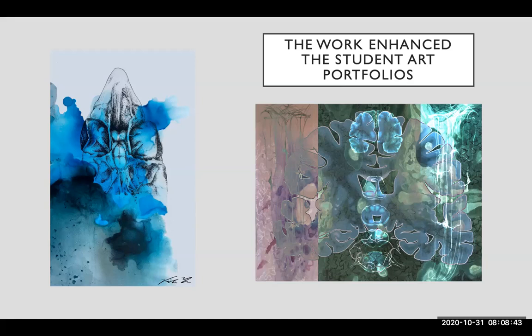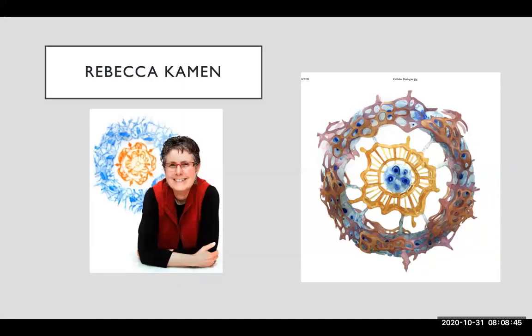Professor Murphy also introduced us virtually to two amazing artists. Professor Rebecca Kamen, who is an artist in residence in the Computational Neuroscience Initiative and the Department of Physics and Astronomy at the University of Pennsylvania. Her work is a fascinating use of plastics to illustrate biological concepts like the interlacing circles of the cell shown in this slide.